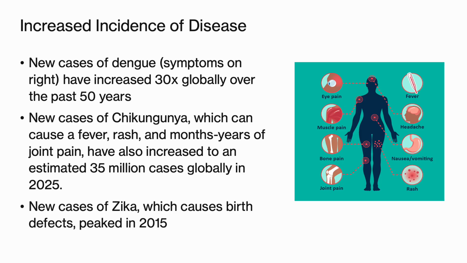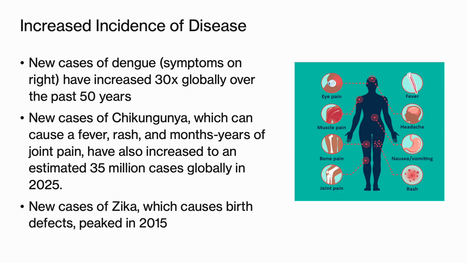This disease can also cause longer-term complications like infection of the brain or infection of the heart muscle. New cases of chikungunya, which is another disease that can cause fever, rash, and then months to years even of joint pain, have also increased and are now at an estimated 35 million cases throughout the world in the past year.